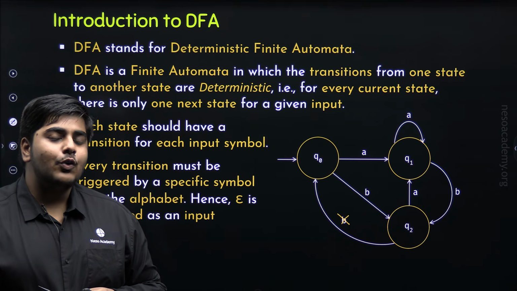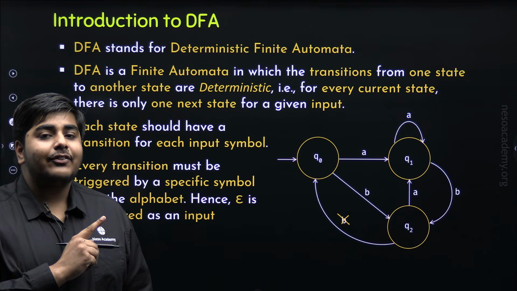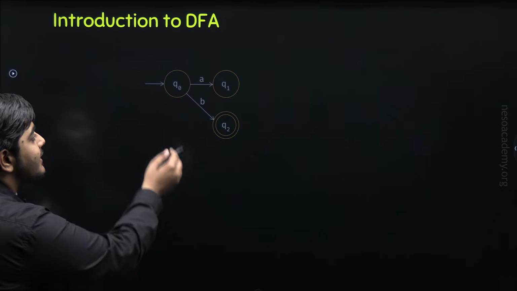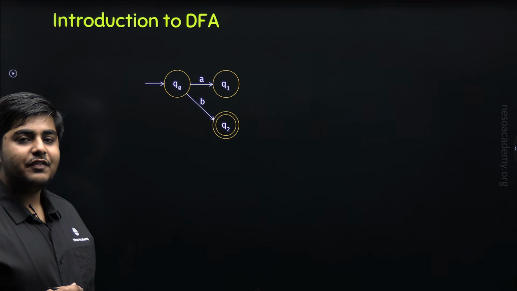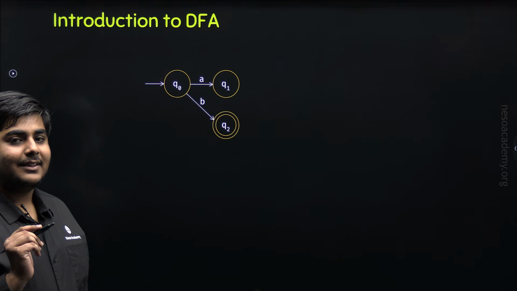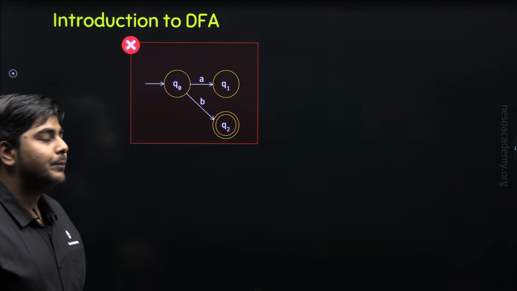So let me show a few more examples, and now you have to tell me whether that diagram will be a DFA or not. So here is the first diagram. Now you have to tell me, is it a DFA or not? Correct. It is not a DFA. Let's find out why.